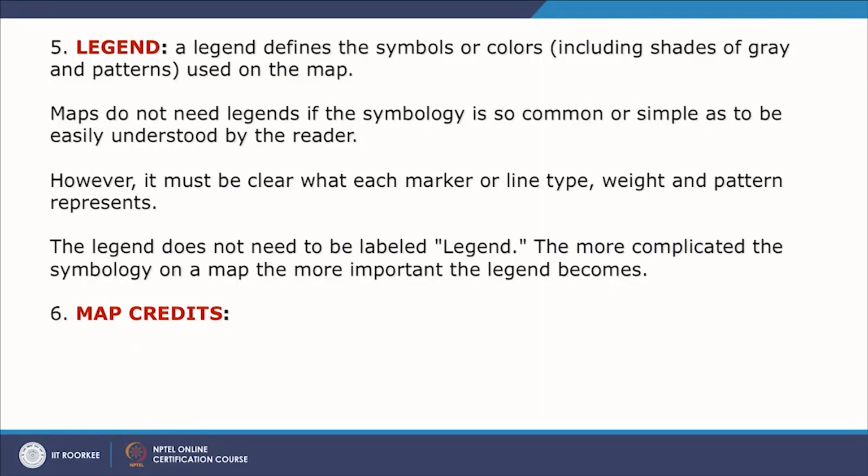Another important one is the map credits of any map element or any map. If I have taken a map of somebody else, I must provide the credit. If I have used the data of somebody else, then I must mention that also, maybe in the caption, or preferably, if there is space and the map is not getting cluttered, within the boundary or within the neat line we must mention what the source is and to whom we want to give credit for that map.